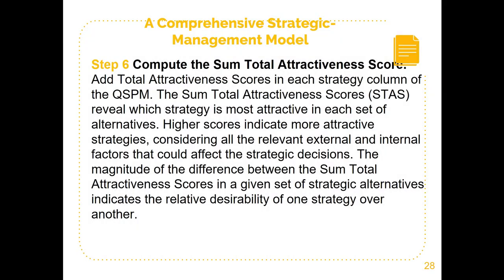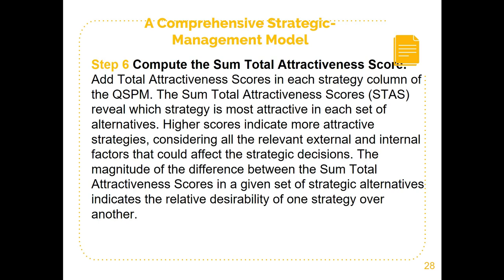And the final step is for you to compute the sum total attractiveness score. So add the total attractiveness scores in each strategy column of the QSPM. Okay? The sum total attractiveness scores, or the STAS, reveal which strategy is most attractive in each set of alternatives.